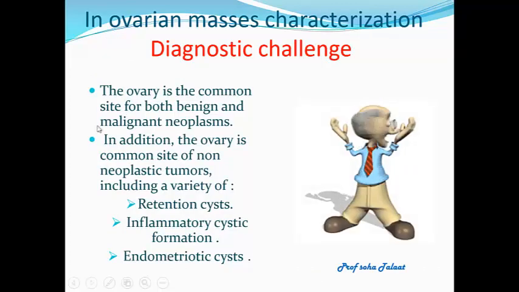In characterization of ovarian masses, we have a diagnostic challenge, that the ovary is the common site for both benign and malignant neoplastic lesions. In addition, the ovary is a common site of non-neoplastic tumors, including a variety of retention cysts, inflammatory cysts, and endometriotic cysts, which are functional or inflammatory or miscellaneous like the endometriotic cysts.